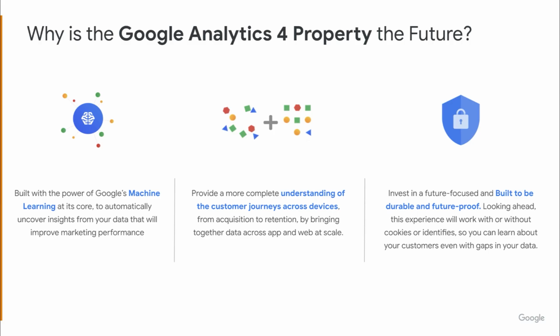Third, it's built to be durable. It will scale with your business, and looking ahead, it will work with or without cookies and take advantage of modeling so that you can learn about your customers even with gaps in your data.